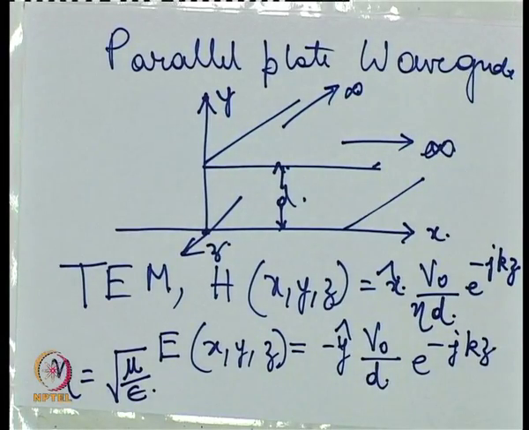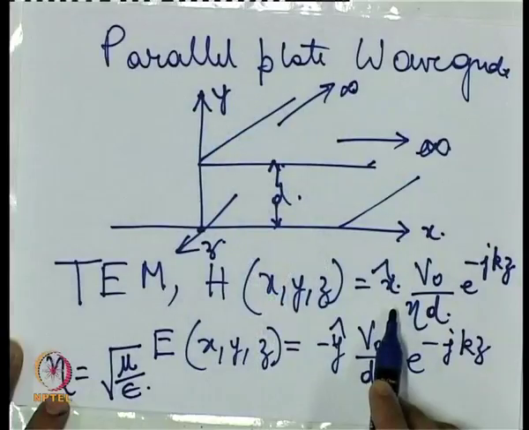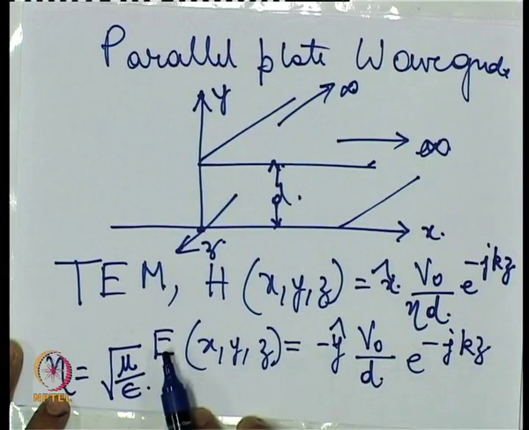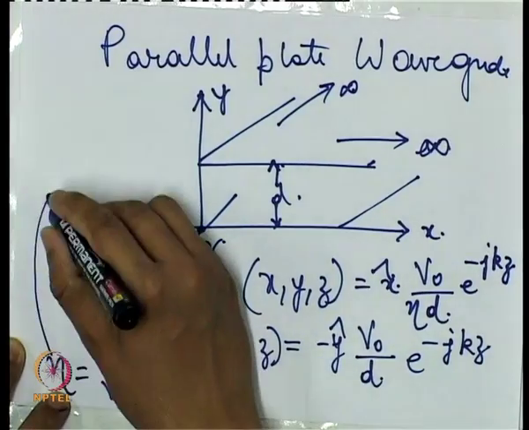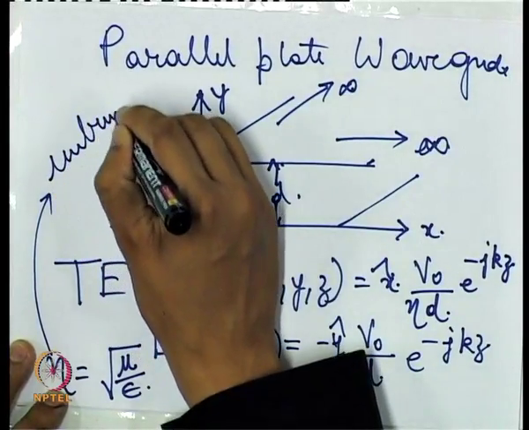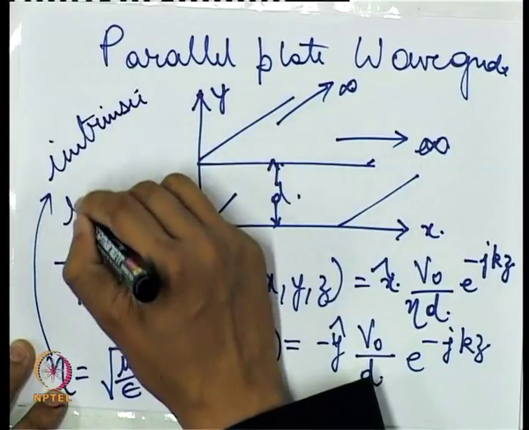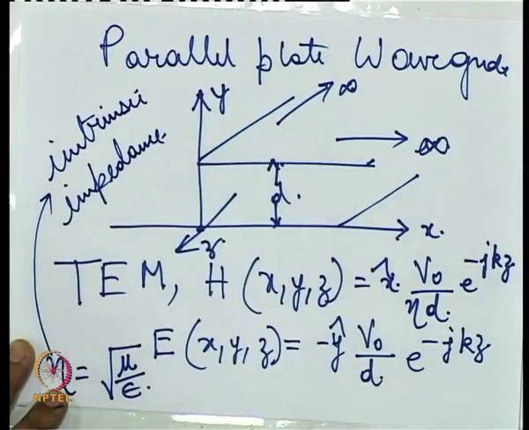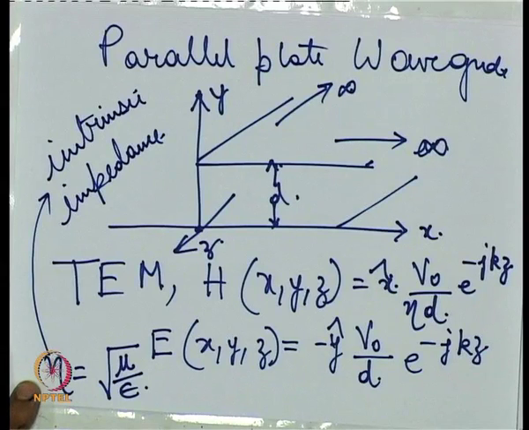The solutions for the TEM wave are given like this. Here Hx is oriented only along the x direction and E is oriented only along the y direction. E represents the electric field, H represents the magnetic field. Eta, given by the square root of mu over epsilon, is called the intrinsic impedance, that is the impedance due to the material properties.